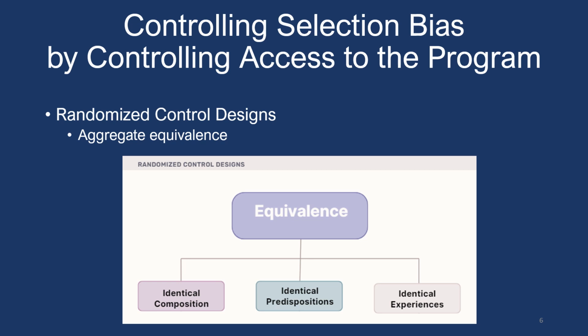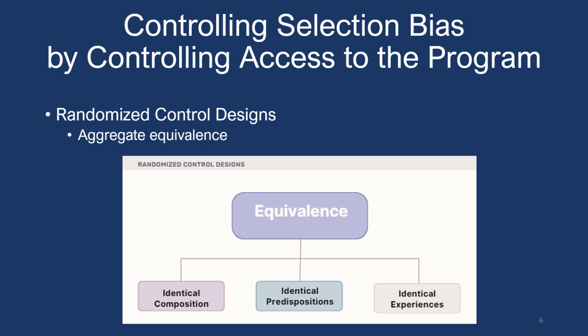A key feature of this is that the two groups are equivalent to each other. For evaluators, equivalence is made up of three key components. The first is identical composition, meaning that we have the same mix of units, whether they be persons, households, communities, etc. This sameness refers to their program-related and outcome-related characteristics.